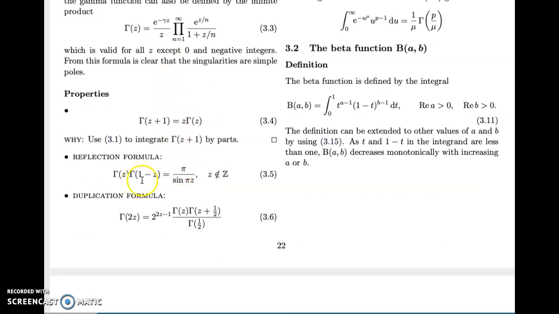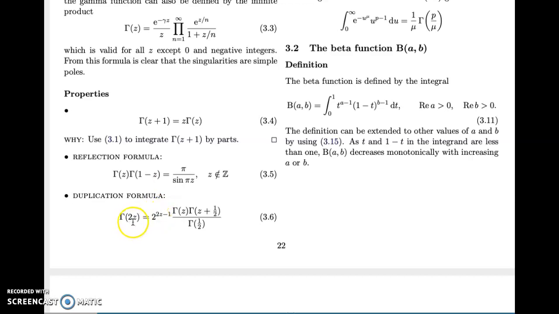There's also this formula, which is rather more complicated to prove, and we won't. But also very useful. Reflection formula, in the sense that it's z and 1 minus z, so there's some sort of symmetry about z equals 1/2.